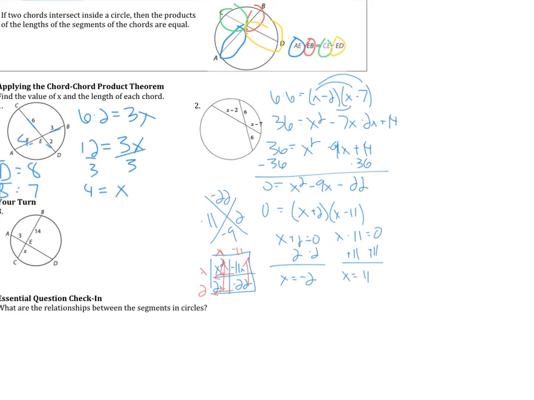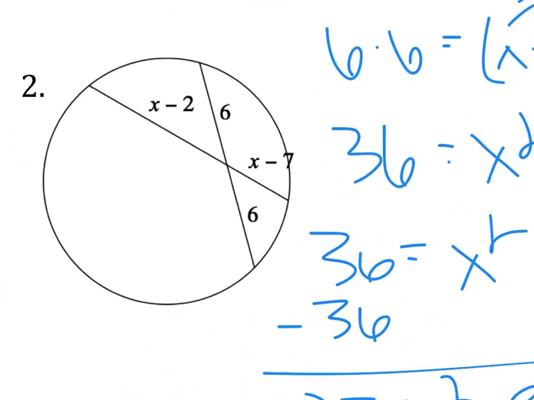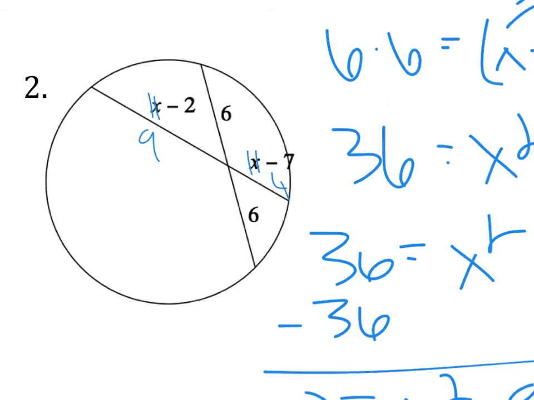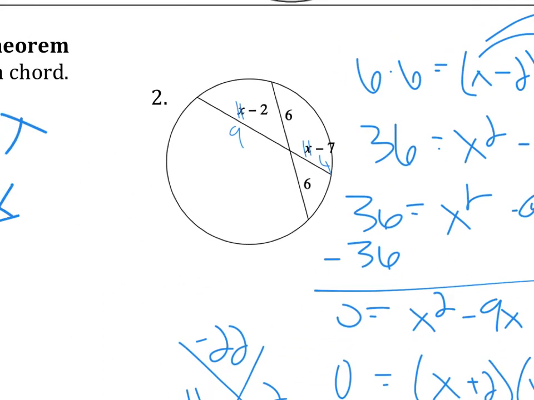So then as we look at that, if I substitute negative 2 in here, that's going to give me a negative 4, which we can't have, a negative distance, so that makes no sense. So we'll go with the 11. So 11 minus 2 is a 9, 11 minus 7 is a 4. So then my two chords, one of them is 12, and my other chord is 13.